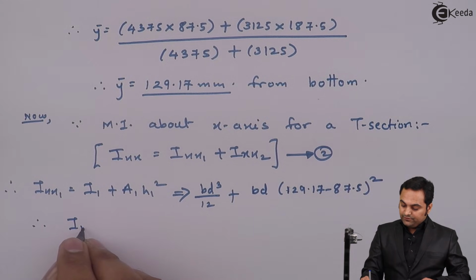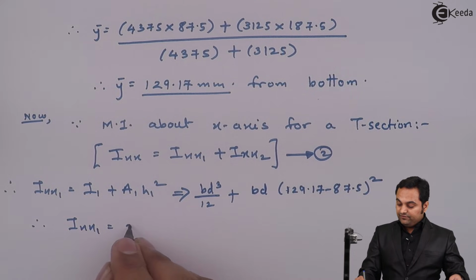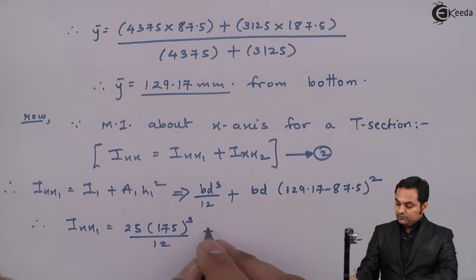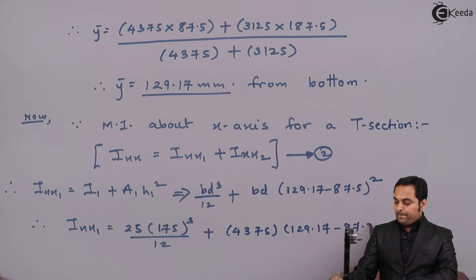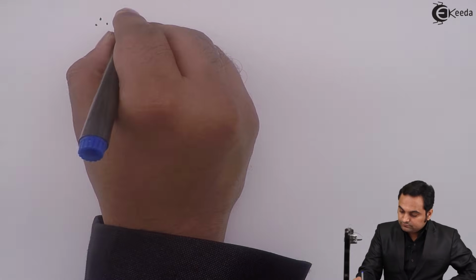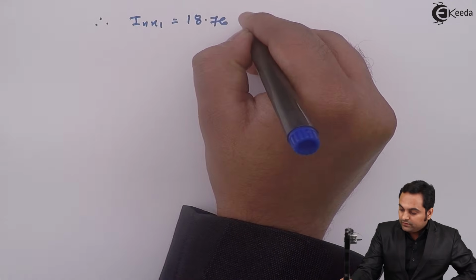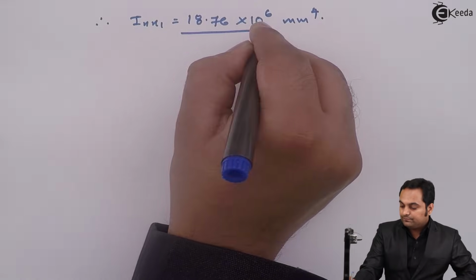So putting the values here, for the first section width B is 25 and depth is 175. Area we have found out, it was 4375, into this bracket. So here I am getting the value of Ixx1. It comes out to be 18.76 into 10 raised to 6 mm raised to 4.